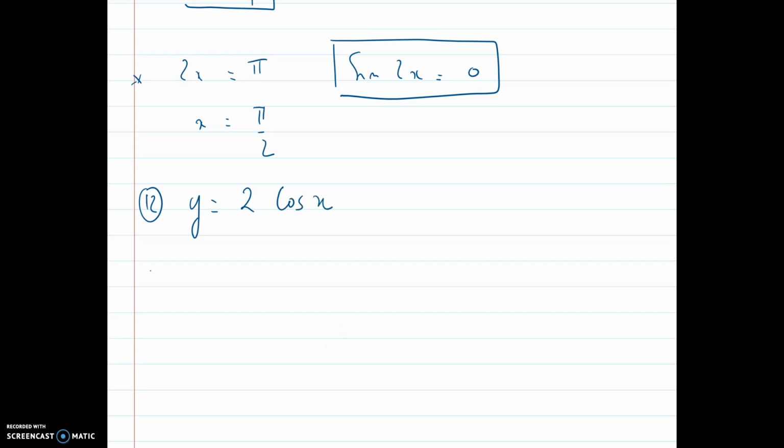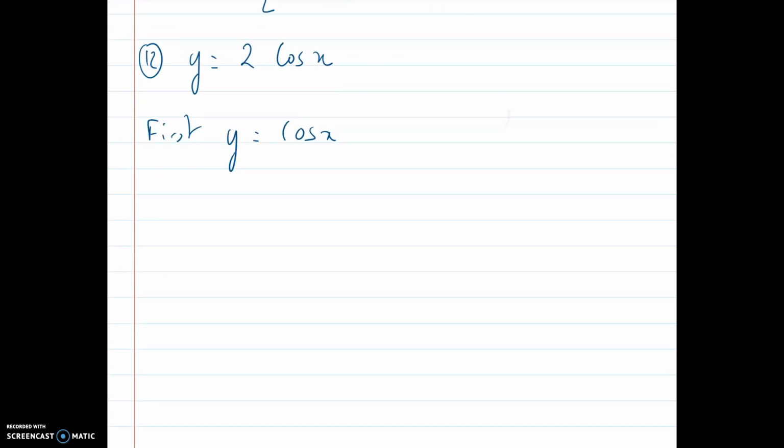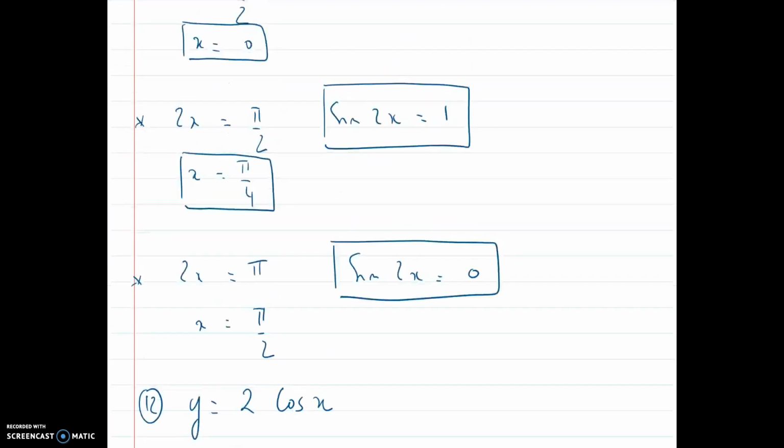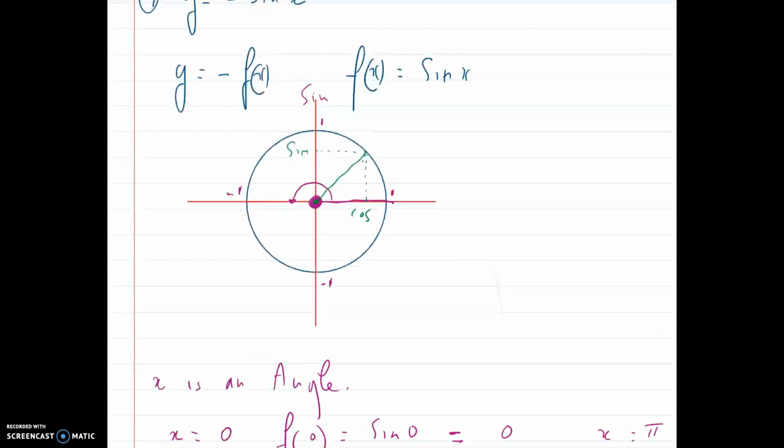So first, what I'm going to do is graph y equal cosinus x. And then I'm going to use the same tactic. The first thing that I want to do is say when x equals 0, when the angle is equal to 0, I consider x as an angle. When x equals 0, well, what is the value of your cosinus? Well, remember, where we are reading the value of cosinus.